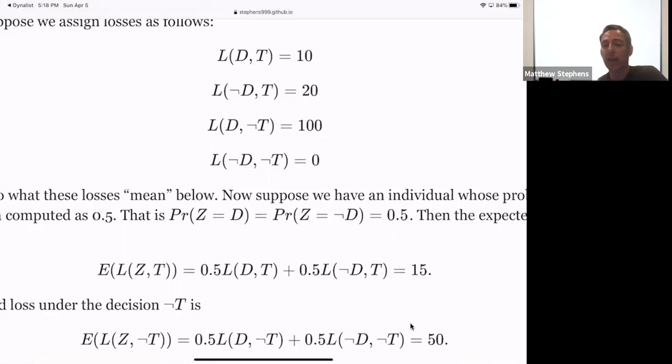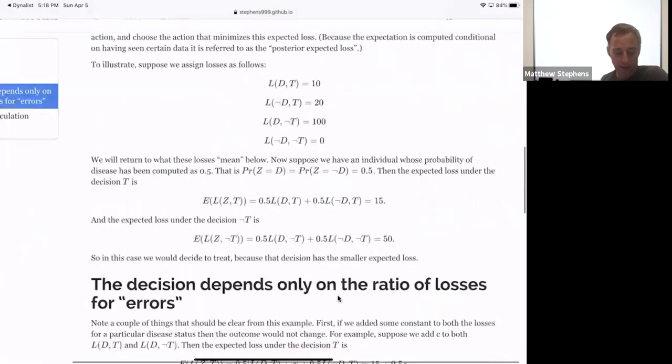That's the action that would minimize my expected loss under the modeling assumptions, the prior assumptions, and the loss. So there were three things that went into this computation, but in the end the decision I would make is the one that minimizes what's called the posterior expected loss. Here, treatment is what minimizes the posterior expected loss.